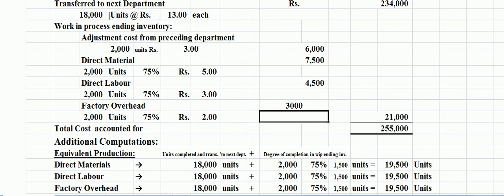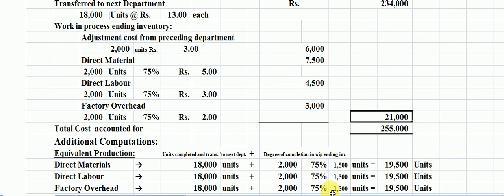Now we add all the values here. Then we find 21,000 rupees as the cost which is incurred on those units which are still in process.